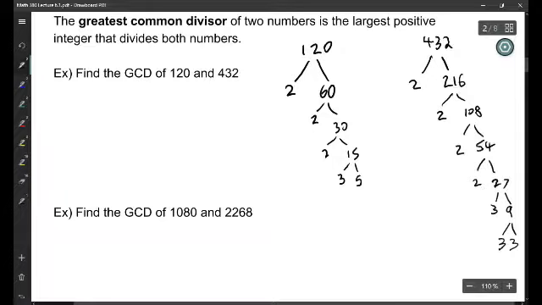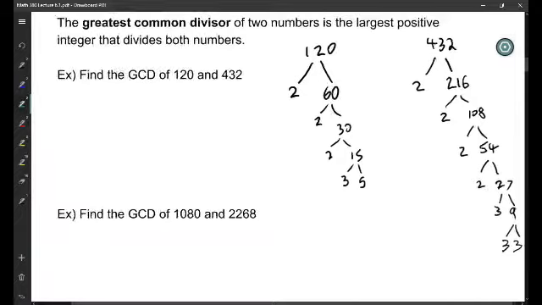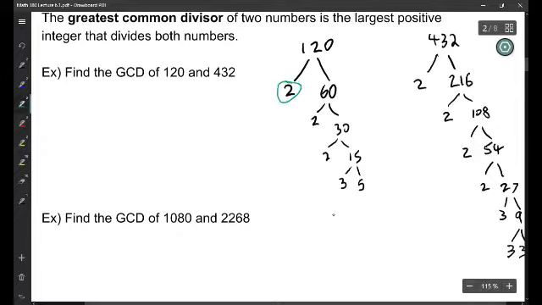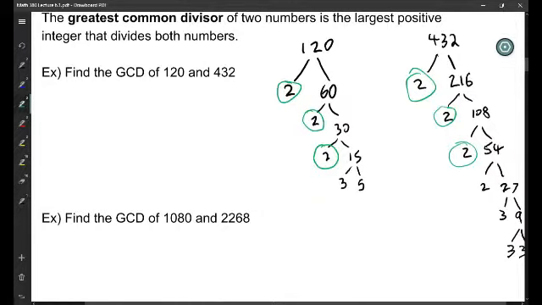So what do we have in common? There are 3 factors of 2 in 120 and 4 factors of 2 in 432. So the minimum number of factors will be the factors that they have in common for any particular group of factors.